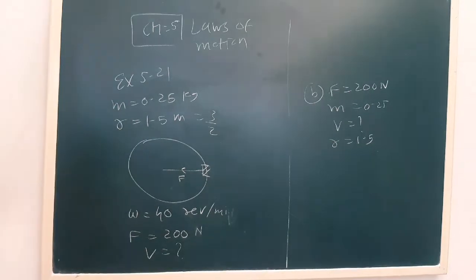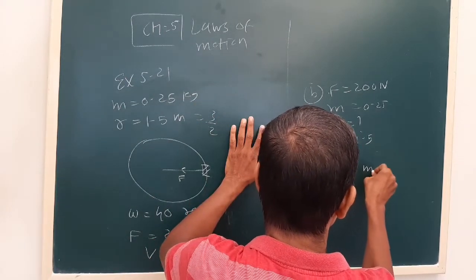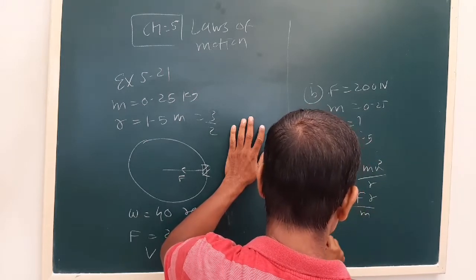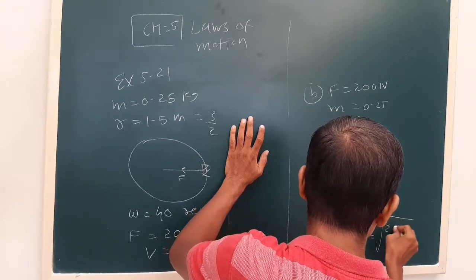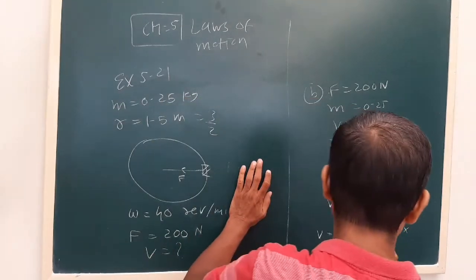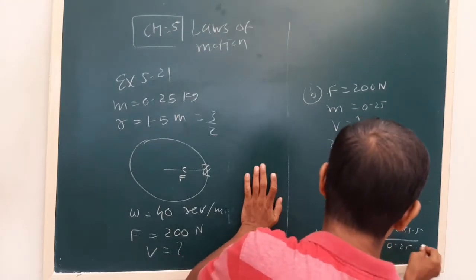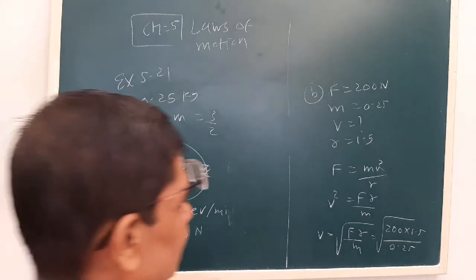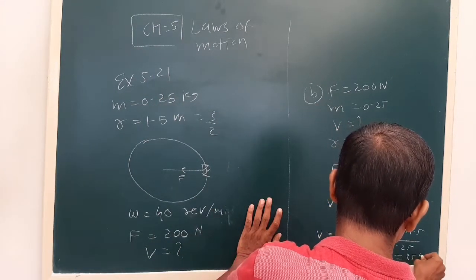We use the equation F equal to m v square by R, so v square is F R by m. Force is 200, R is 1.5 and mass is 0.25. If you solve this, the value will be 34.64, or 35 meter per second.